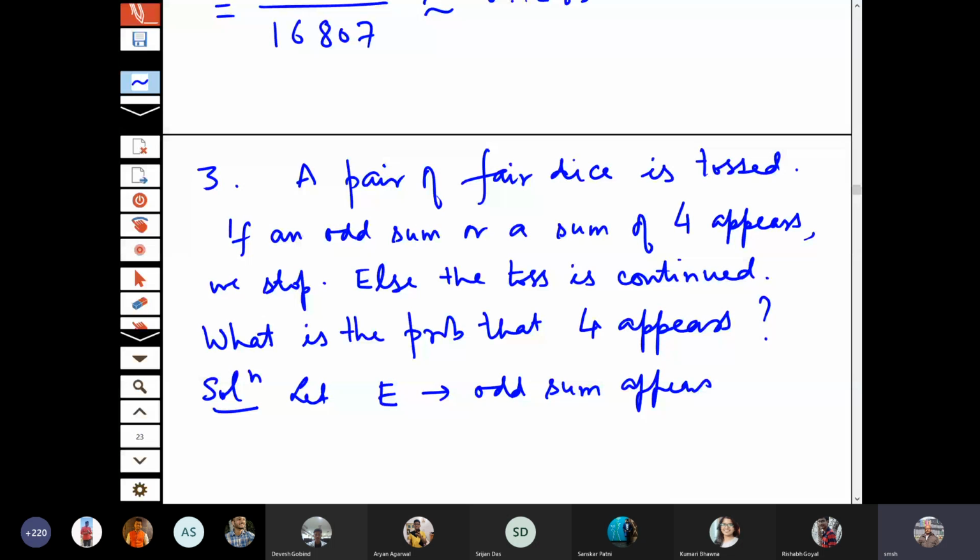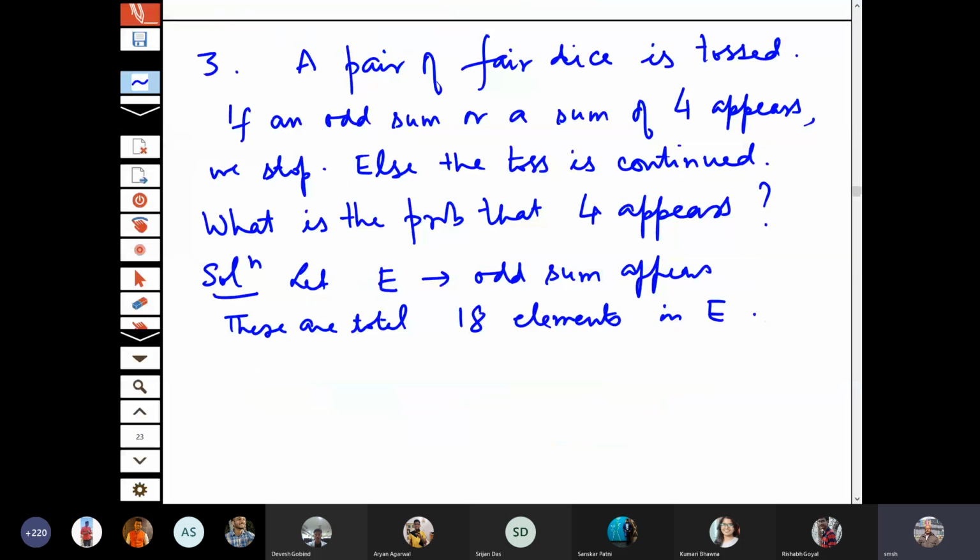Like that you count up to 11. So there are a total of 18 elements in E, because for even sum also 18 elements will be there. Total 36 possibilities are there if we toss a pair of dice.